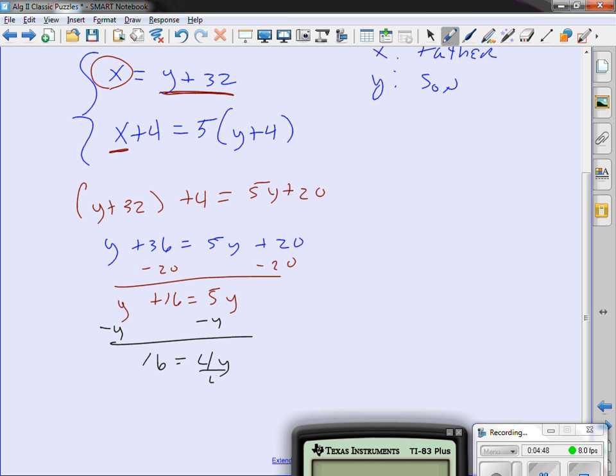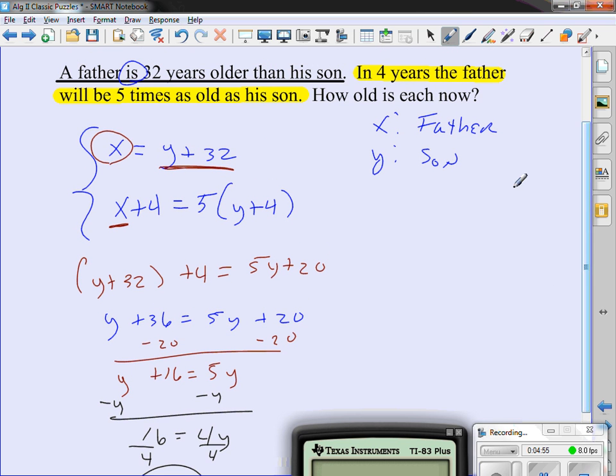Divide by 4. Y is 4. So the son is 4 years old. How old's the father? How'd you get 36? 4 plus 32 gives me the father is 36.